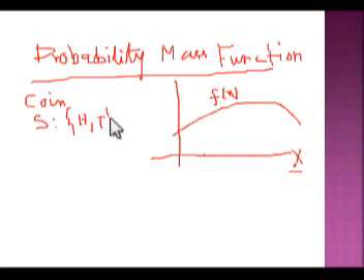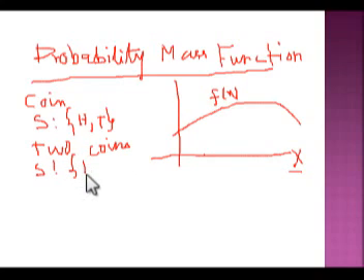If I take two coins, then the sample space can be head-head, head-tail: the first coin may be head and the second coin tail, or the first coin may be tail and the second coin head, or both coins have tails.